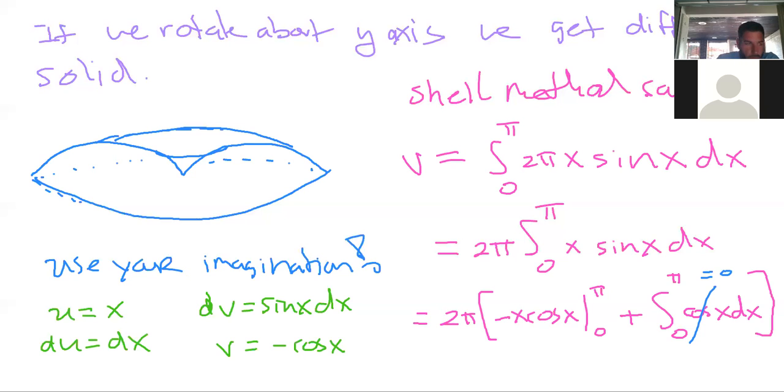And then when you plug in pi, this becomes 2 pi, negative pi, cosine of pi, and then of course it's going to be minus 0, so we get rid of that. And then cosine of pi is negative 1, so now you get, interestingly enough, positive pi, so here you get 2 pi squared.